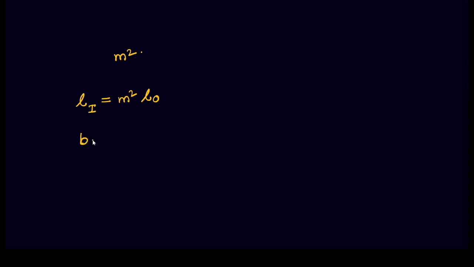Okay, the breadth of this image will be equal to m times the breadth of the object, and the height of the image will be equal to m times the height of the object. So we need the volume now from this. Volume of the image will come as what?